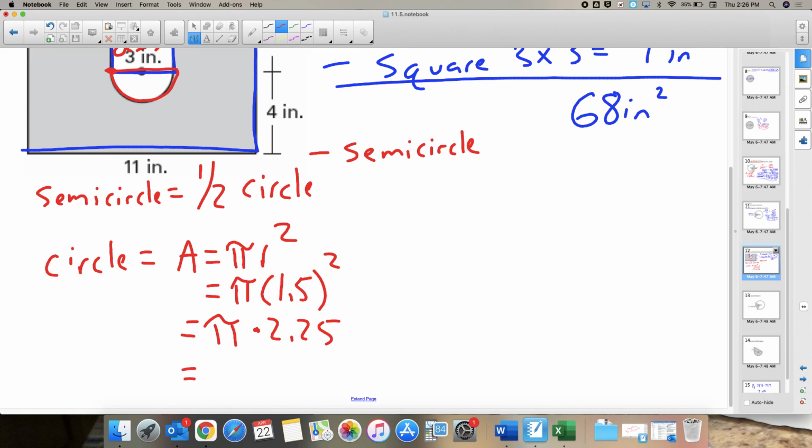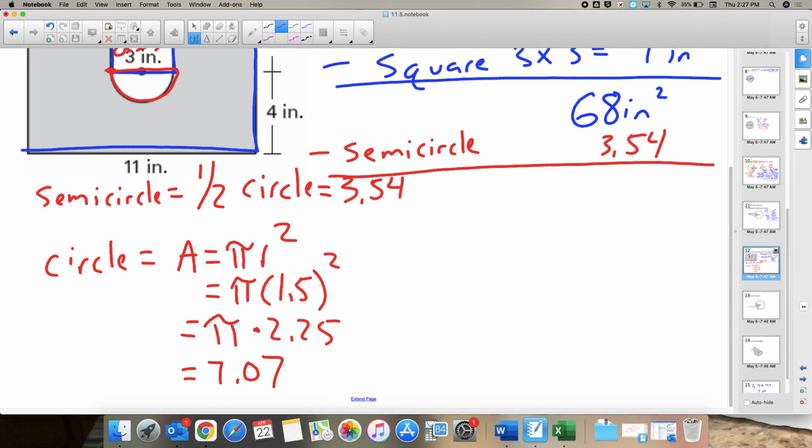So the area of my whole circle is 7.07. So my area of my semicircle is 3.54. So my overall remaining area then, what is left over, is 64.46 inches squared. And so just taking that whole area and cutting out the pieces that we didn't want.